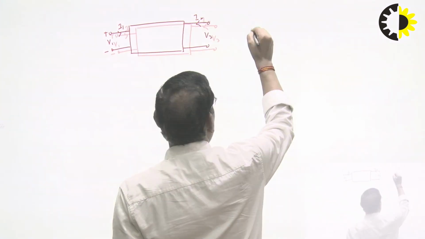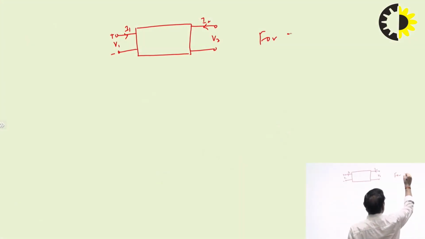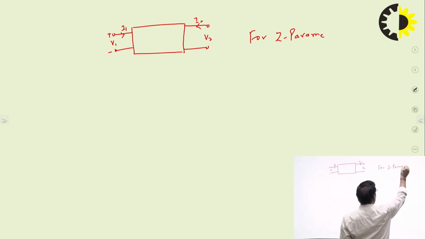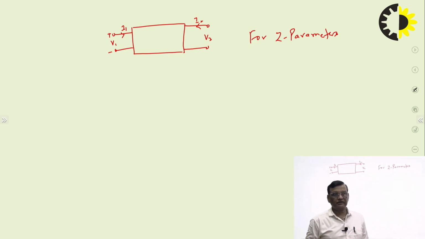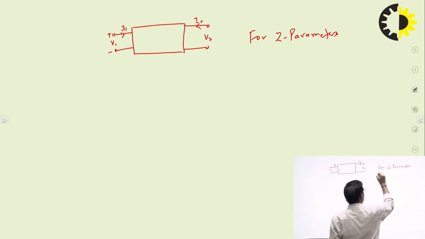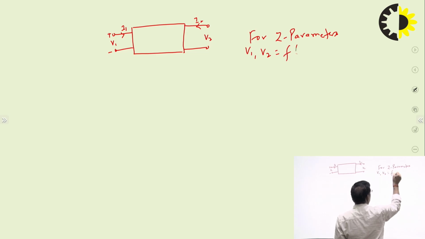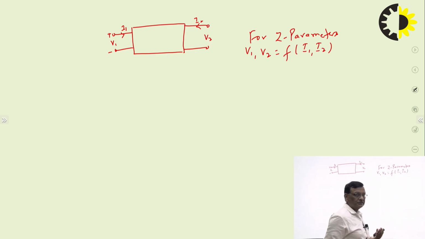So for Z parameters, how will we get Z parameters? When V1 and V2 are dependent and I1 and I2 are independent, meaning when V1 and V2 are functions of I1 and I2, we get the Z parameters.